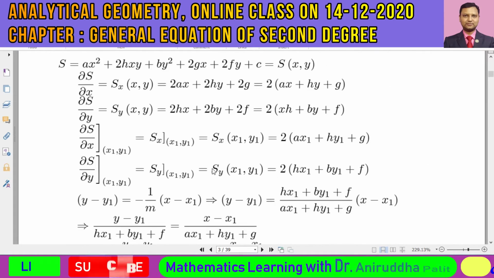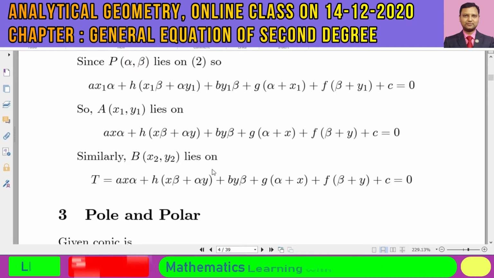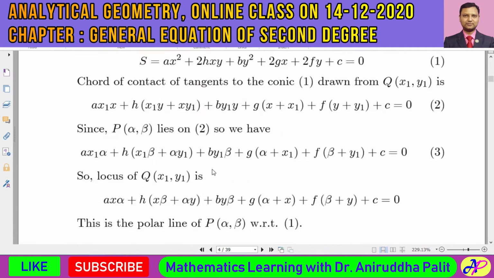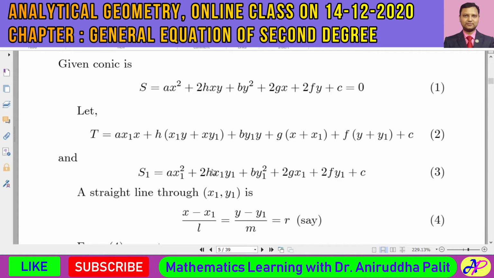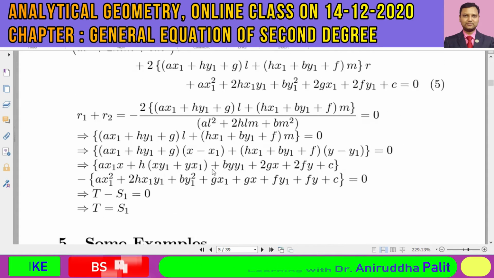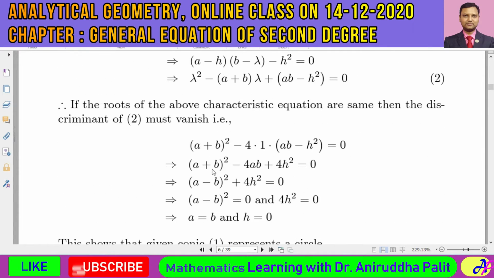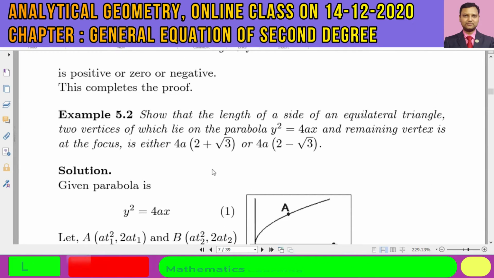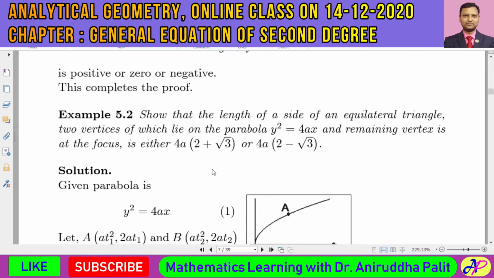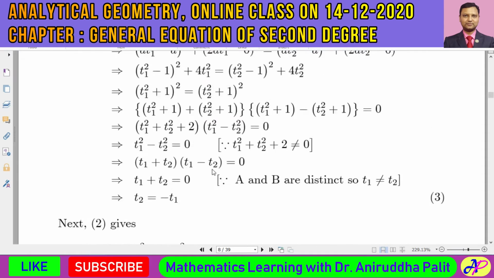I shall discuss all these results, and that's why I've written the mathematical portion of all these results. In subsequent classes, hopefully, we shall discuss these results, and many such examples have been solved for you. Most of them have been taken from your exercise, and some of them have been taken from the question papers of previous year examinations.